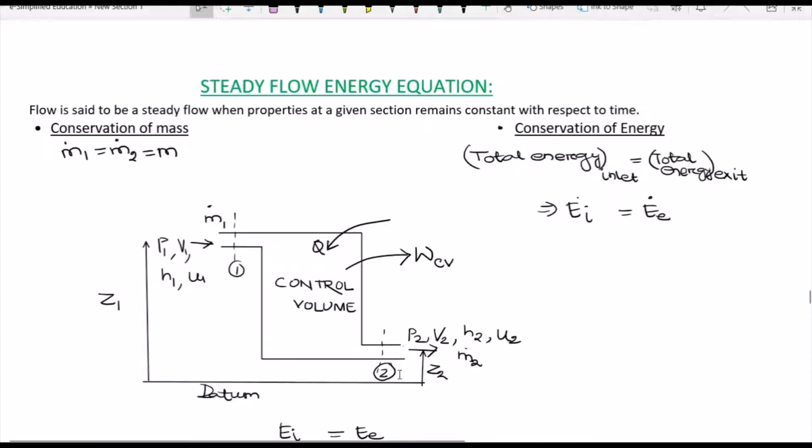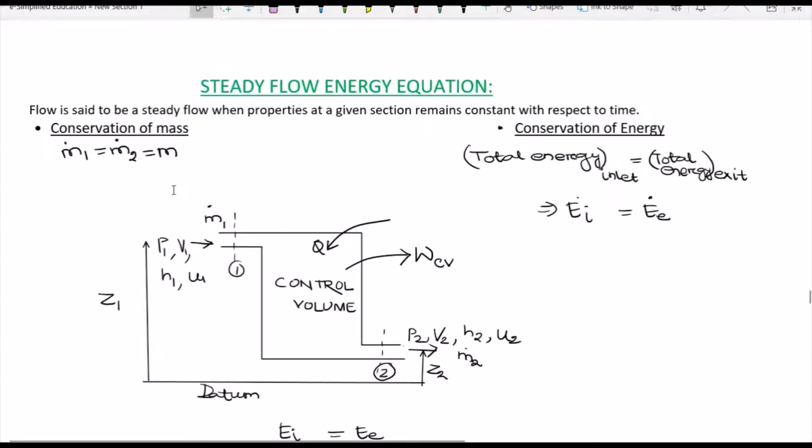Similarly for point 2. This is the control volume, work done by the system is W control volume, and heat supplied to the system is Q. I am now going to observe this system for steady flow. For conservation of mass, m1 and m2 will be equal to m, because whatever mass enters at the inlet has to leave from the exit point.